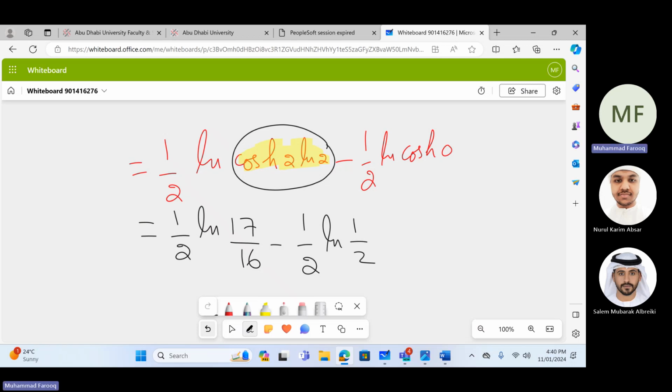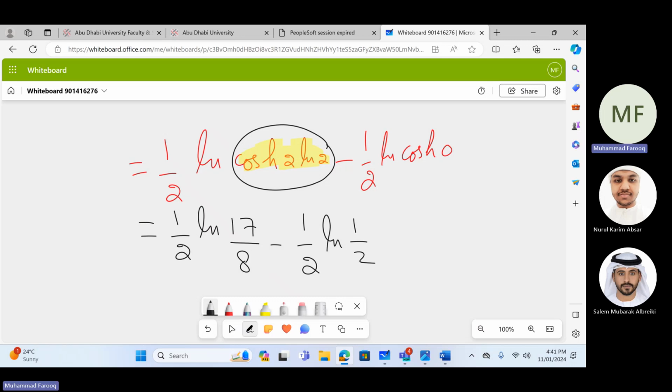Until here, do you understand? Check please. 17 by 8, okay. They told me 17 by 8, meaning cosine hyperbolic 2 ln 2 is 17 by 8.